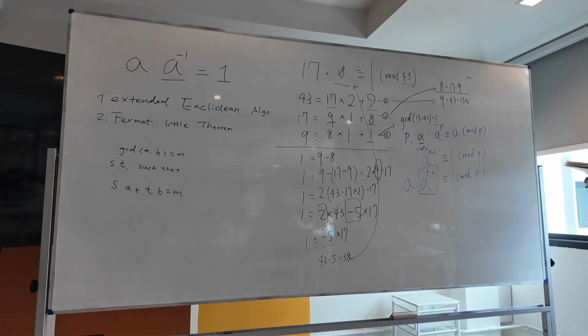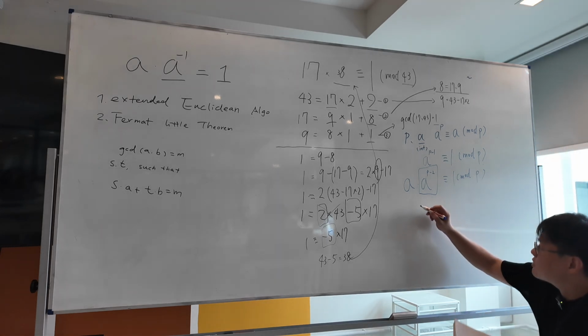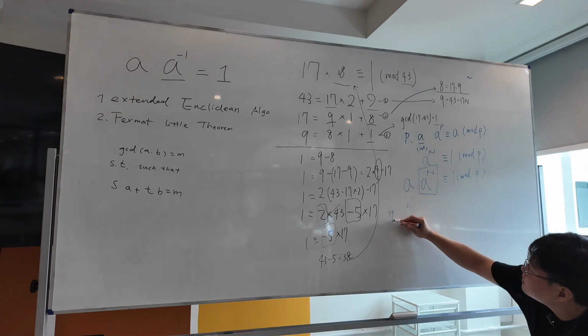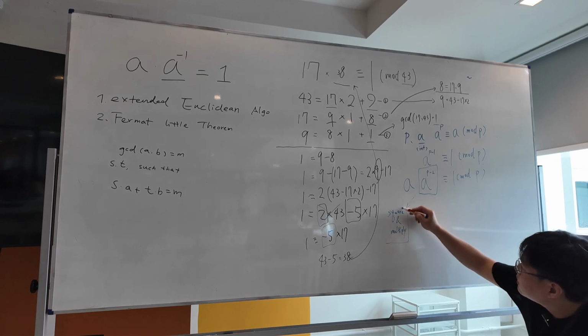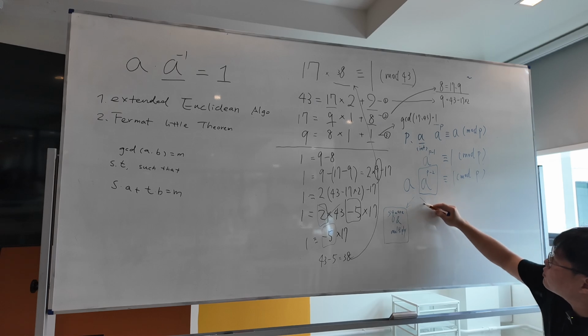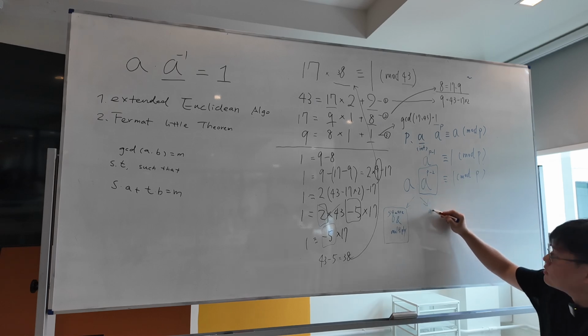There are actually two algorithms to do so. The first is square and multiply. And I think the other way will be the addition chain.